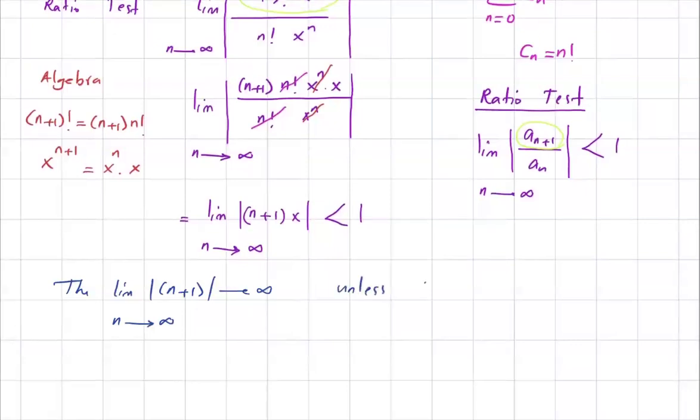Unless x is equal to 0. If x is equal to 0, you have the limit of (n plus 1) times 0, which is equal to 0. So this is going to be convergent only if x is equal to 0, and it's going to be divergent only if your x is non-zero.